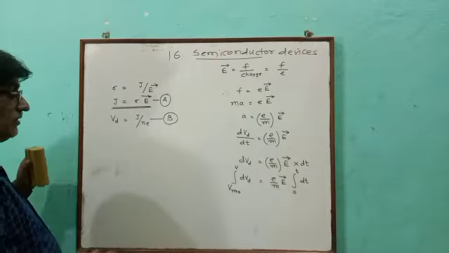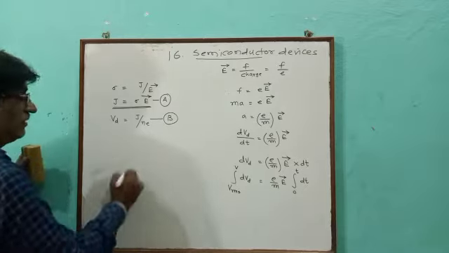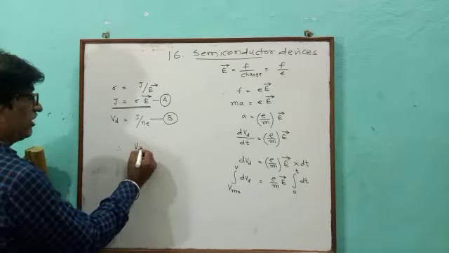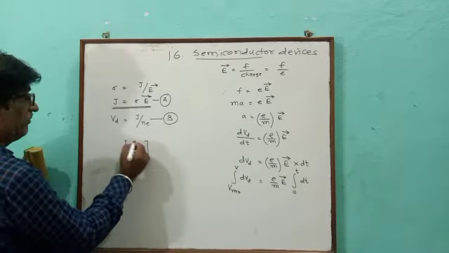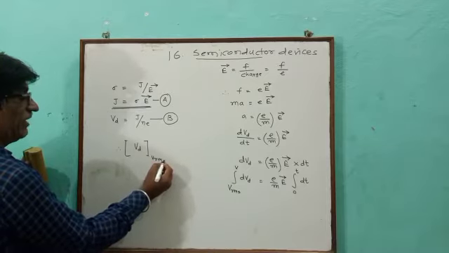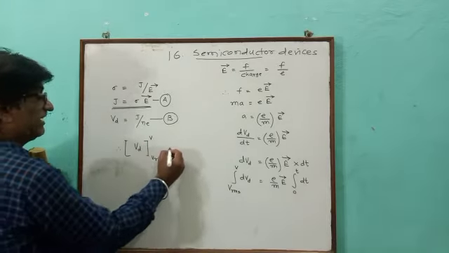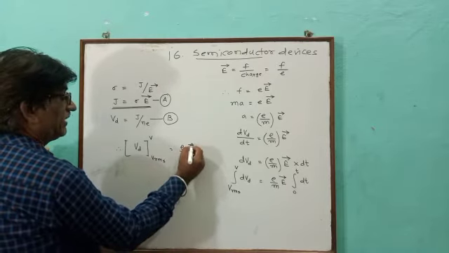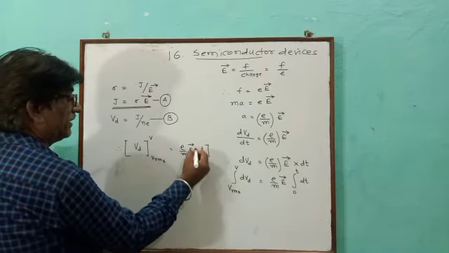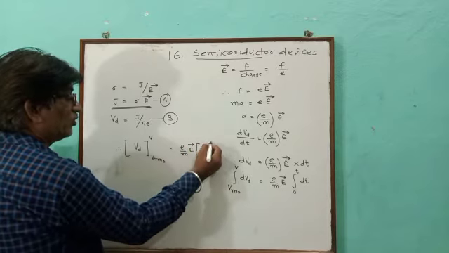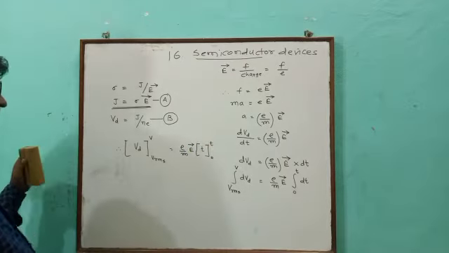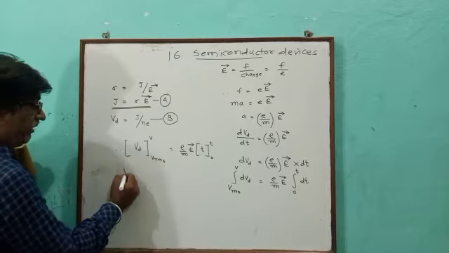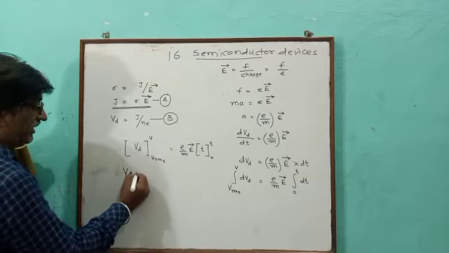So for the drift velocity, the limit will be v RMS to v, equal to e upon m vector E times 0 to t.